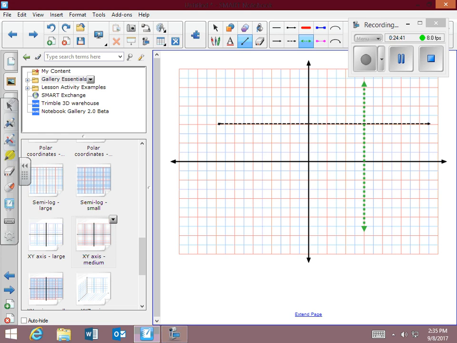So the question is, explain why a point-slope formula cannot be used to find the equation of a line parallel to the y-axis. So point-slope is y minus y1 equals m times x minus x1, right? So why can you not use that for a line parallel to the y-axis? What is the slope of a line parallel to the y-axis?